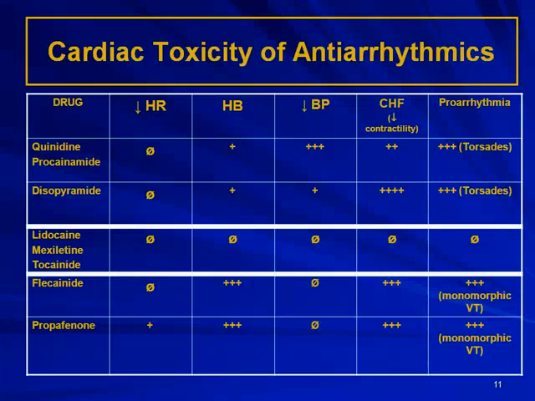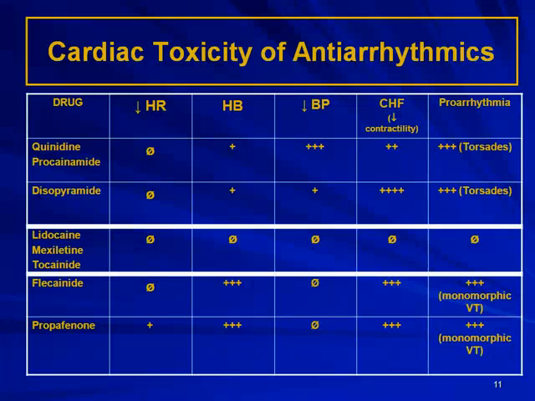For the most part, I think one of the reasons lidocaine was so commonly used in people with acute infarction is that these drugs had little effect on any cardiac parameter. They didn't worsen heart failure, did not cause heart block, did not cause bradycardia, and did not cause a proarrhythmic effect. And so they were relatively safe even in those patients who were the sickest in terms of cardiac function.